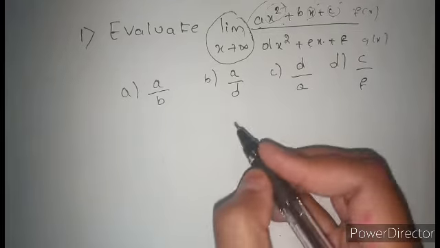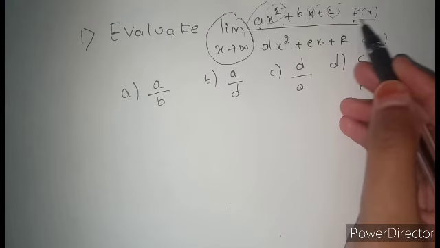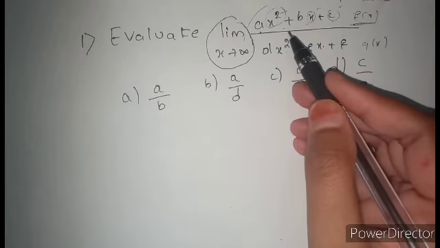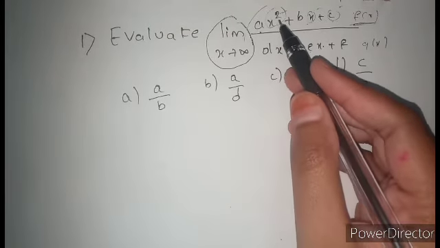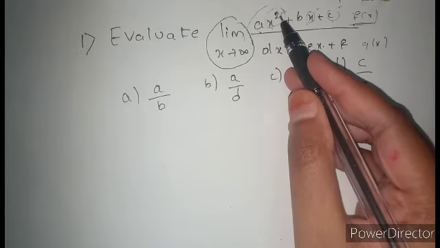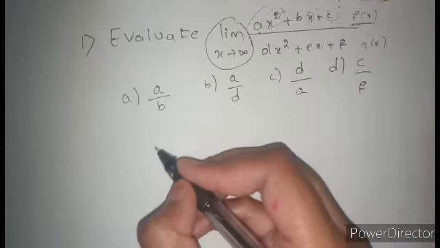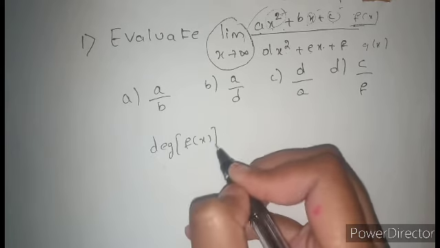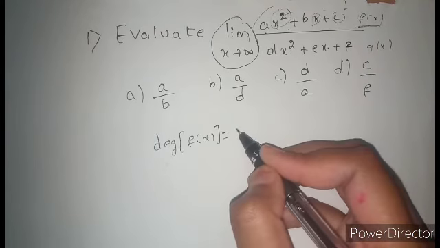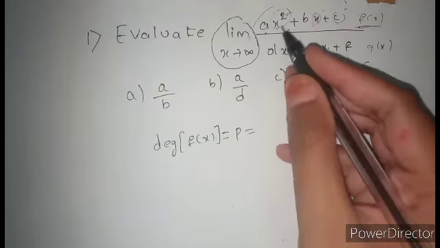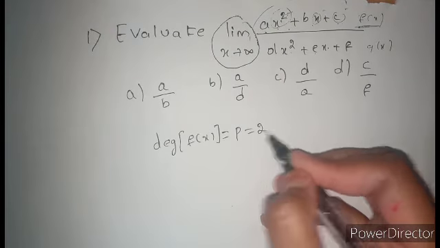So observe here, what is the degree of f of x? Highest power is x power 2, so the degree of f of x, in general p, here p value is 2, right?